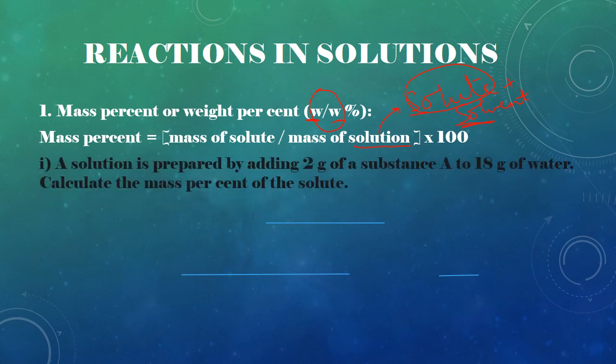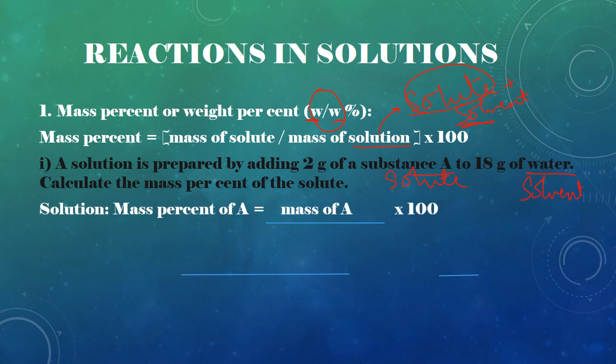Now let us solve a numerical. A solution is prepared by adding 2 grams of substance A to 18 grams of water. Calculate the mass percentage of the solute. So your substance A is your solute and water is your solvent. That's our formula to find out mass percentage. Let us substitute.